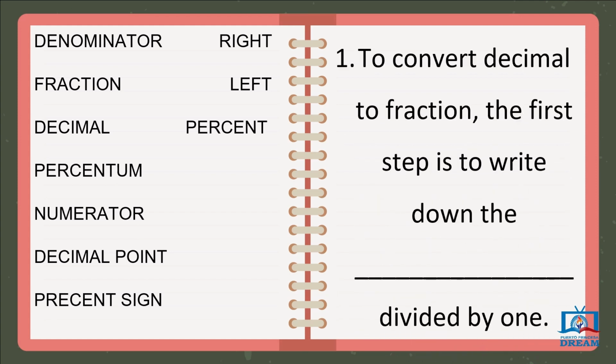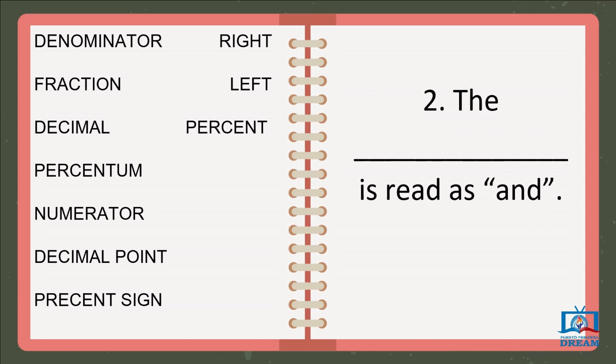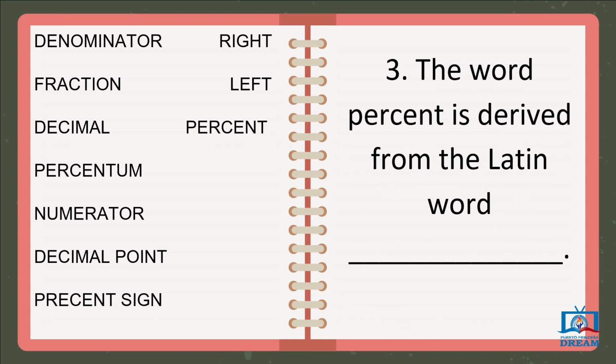Number 1. To convert decimal to fraction, the first step is to write down the blank divided by 1. Number 2. The blank is read as end. Number 3. The word percent is derived from the Latin word blank.